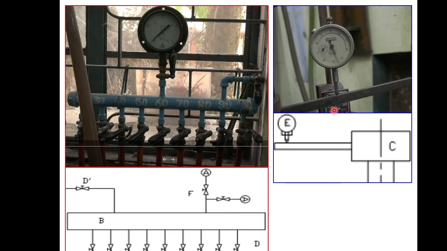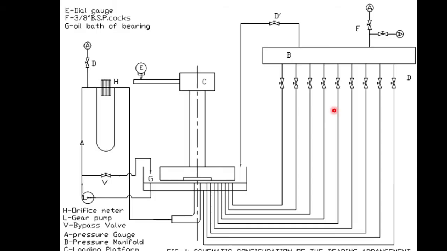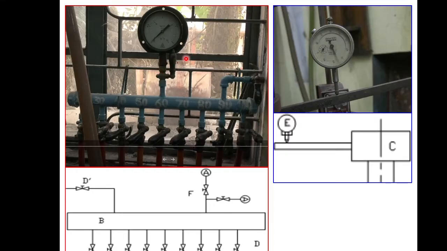So what will happen when this pump is switched on? There is a fluid film. So this will move this whole unit in a vertically upward direction. So that reading will be obtained in the dial gauge.